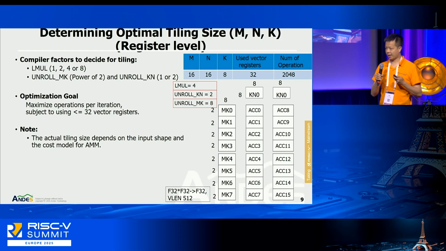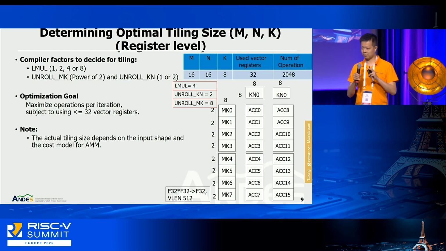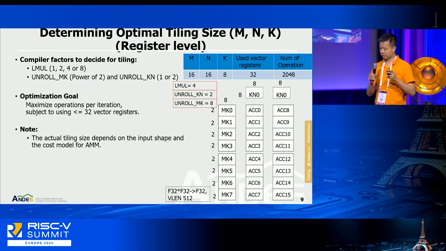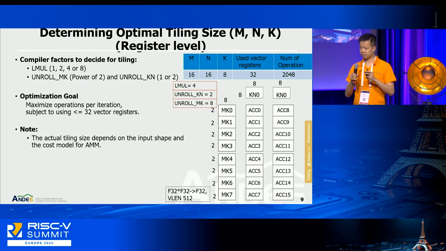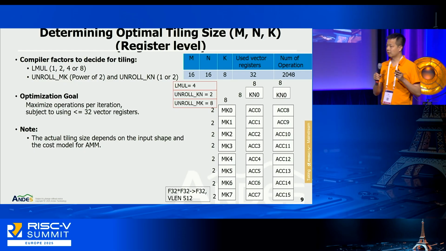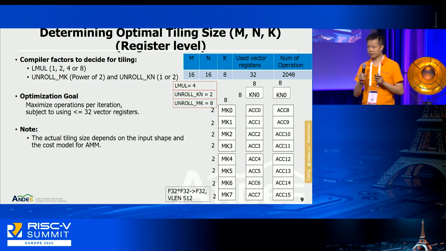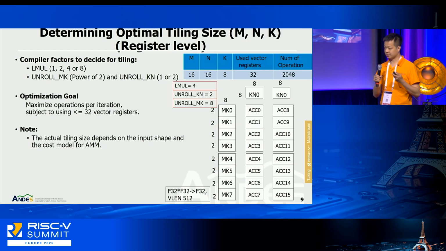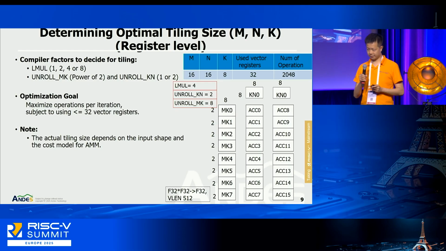So by setting the LMUL value to 4, unrolling the KN tile by 2, and the MK tile by 8, the compiler arrives at a register level tile size of m equals 16, n equals 16, and k equals 8. This best tile size completes the most operations while having the lowest execution latency.